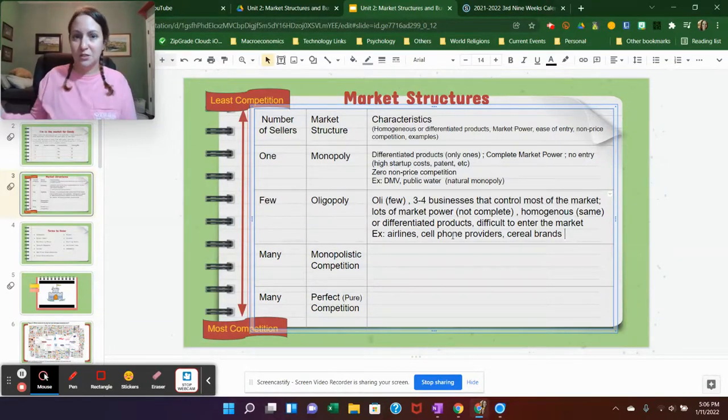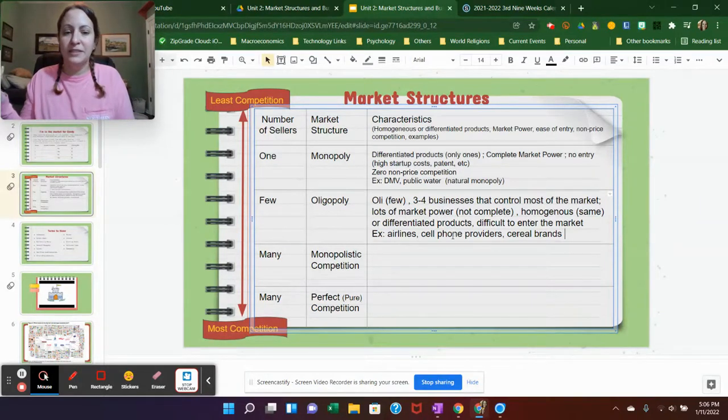Lots of different cereals, but they're all coming from the same two or three sources, and so very little competition in terms of cereal brands, in terms of cell phone providers, in terms of airlines. I guess it would be easier to enter the market providing cereal, but you're not going to turn into Kellogg's overnight. You're not going to be really putting a dent in the Kellogg's market.